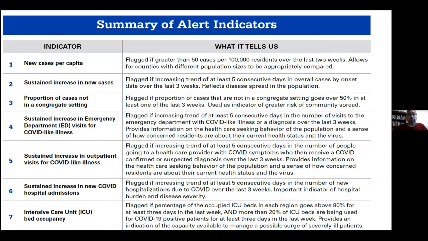I looked this up when I was doing this presentation, and currently the lowest new cases per capita is in Carroll County, at 182.1. The highest is Putnam County at 1,266. We'll be looking at Portage County statistics in just a few minutes, but they are at 284.9 right now, which is 10th from the lowest, which is a good place to be, but is way over the 50 cases.